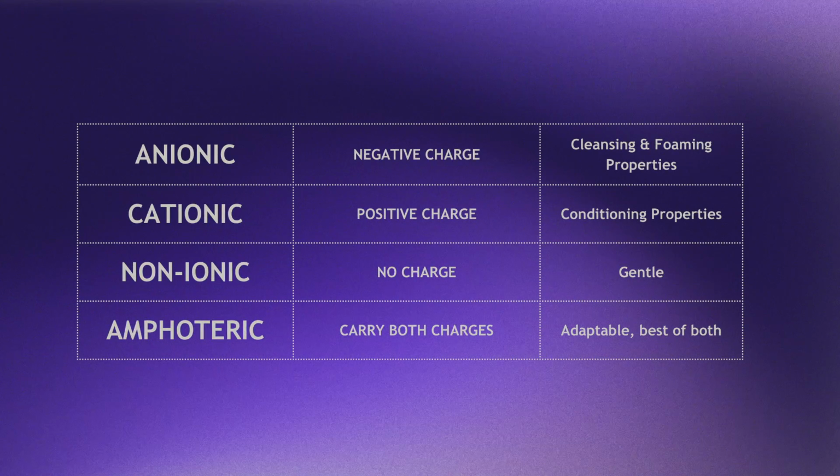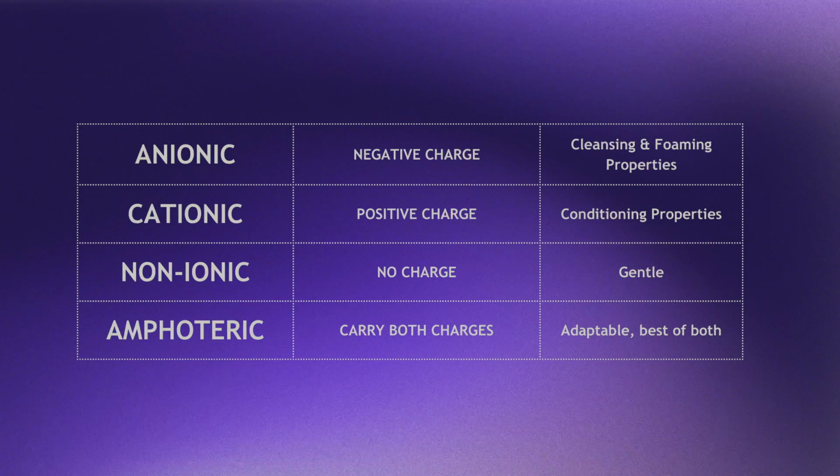Surfactants are grouped into 4 categories: anionic, cationic, non-ionic, and amphoteric. Each group has different charges and different characteristics about them. Anionic surfactants, such as sulfates, have a negative charge and are widely used in cleansing products due to their excellent foaming properties. Cationic surfactants have a positive charge and are valued for their conditioning abilities, which is why they are found in conditioners.